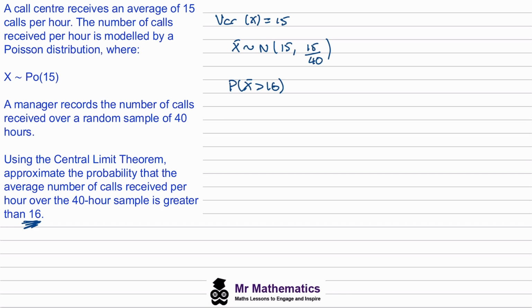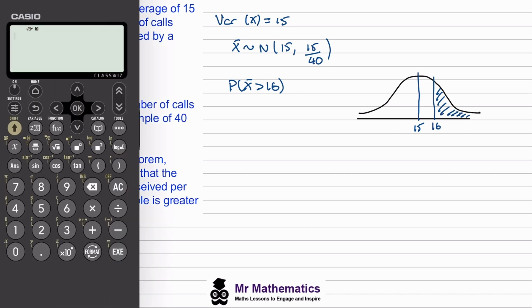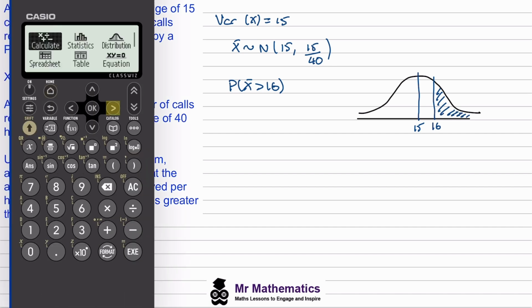So this is where x bar is greater than 16, okay? So if I sketch this as a diagram, we've been told that the mean is 15, and we want the sample mean to be greater than 16. So I'll label this here, and we want this region. So if we go to our calculators, we'll choose home, and we want distribution. Then we want the normal CD. The lower is 16. The upper has to be 3 standard deviations above the mean, or any value bigger than that.